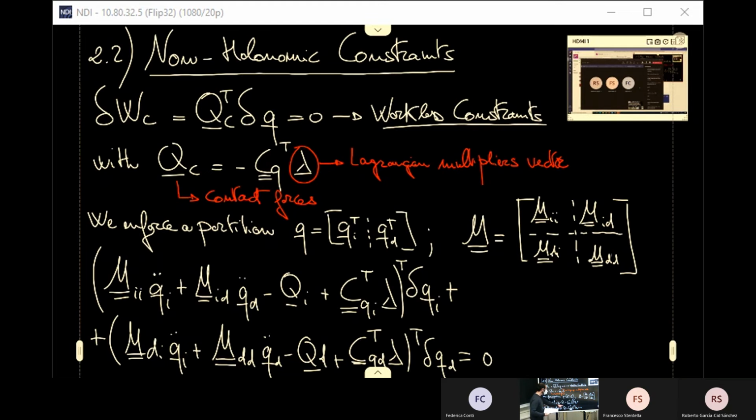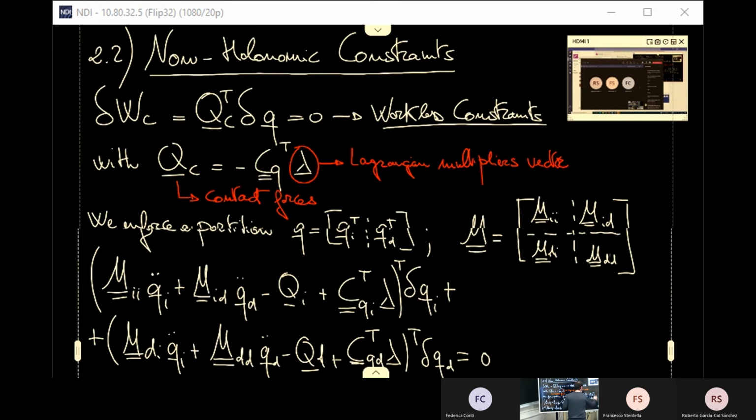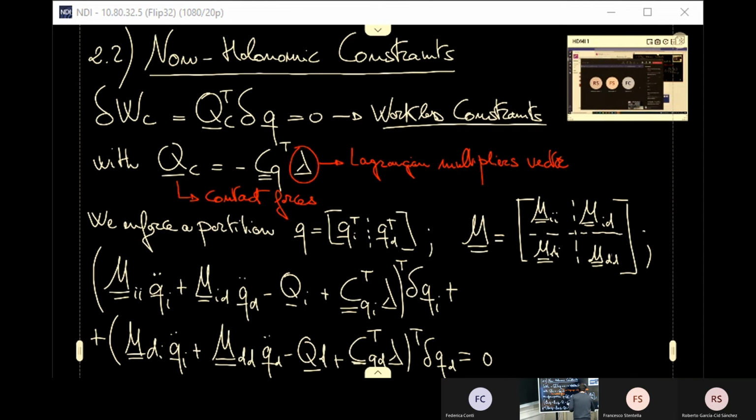And then again, I've also split the vector of generalized forces. So I can also write it here if you want. Q is basically done as qi and qd. Okay. And also, of course, the vector of contact forces has been split into two.